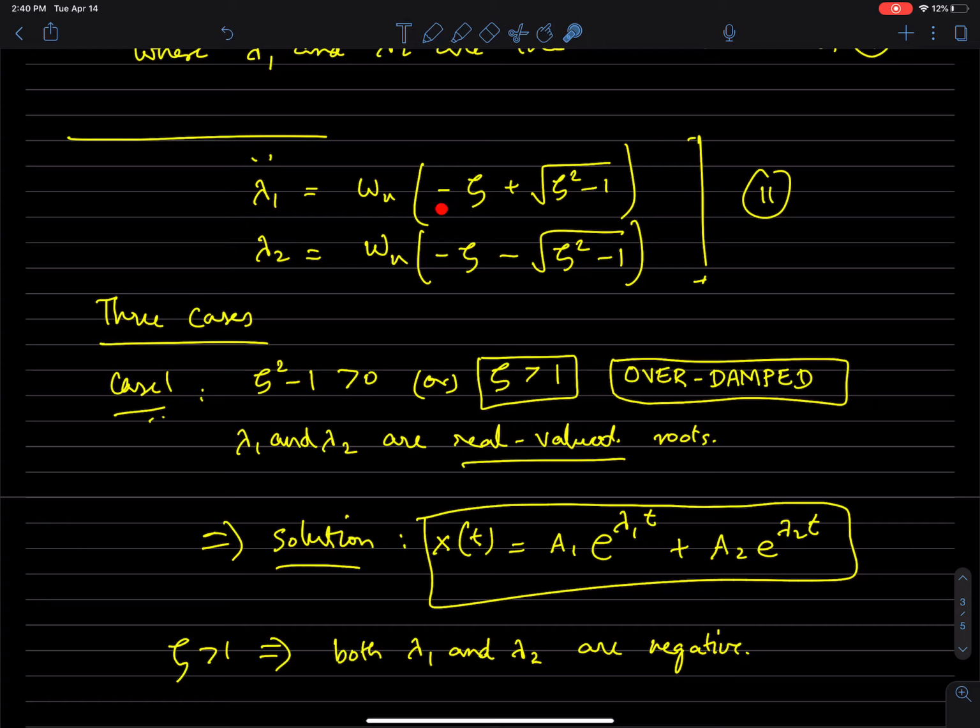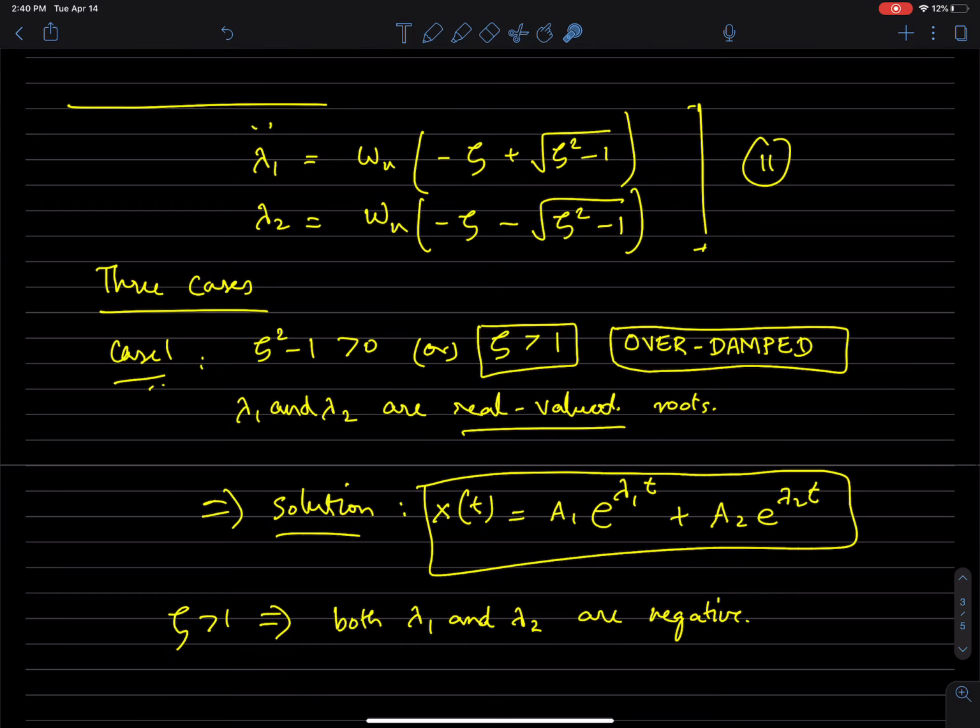This root, it's negative zeta plus square root of some quantity, zeta square minus 1. If you take the square root of just zeta square, you get zeta, and these two will exactly cancel. This is a quantity that is less than zeta square. So if you take the square root, you get a quantity that is less than zeta, but a positive number, and then you subtract zeta from it, you'll get a negative number. So if zeta is greater than 1, both these quantities are going to be negative.